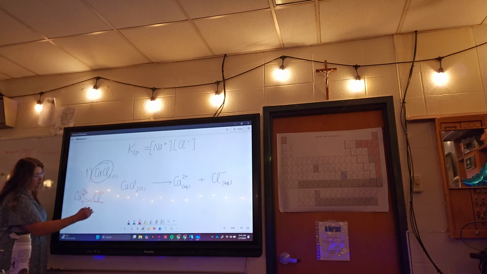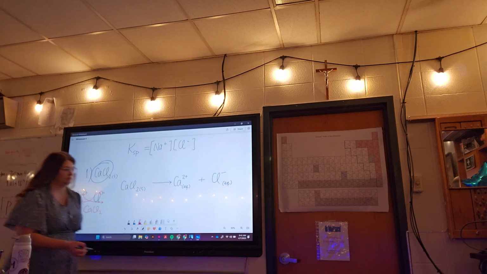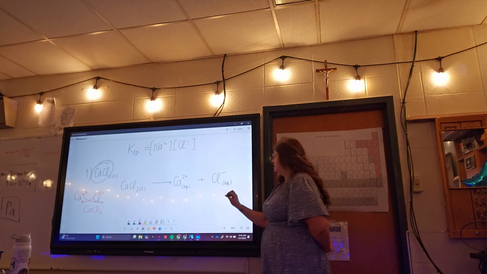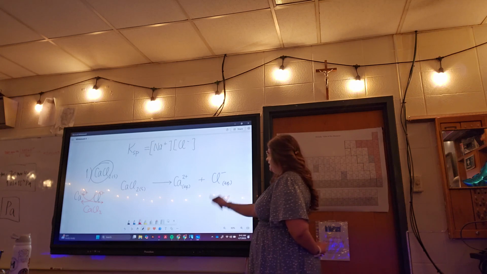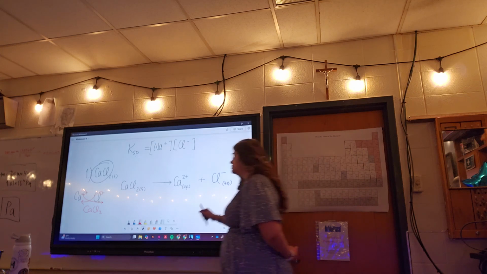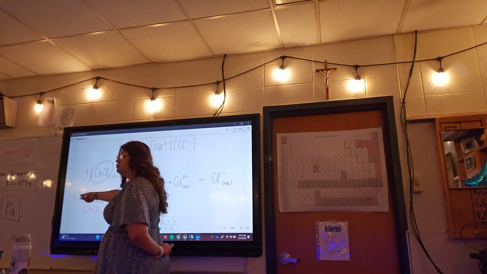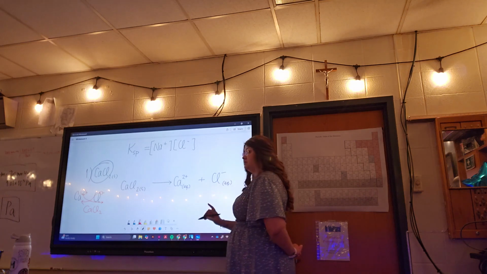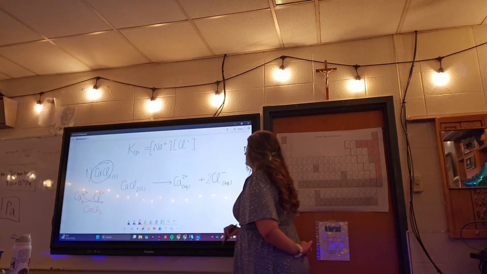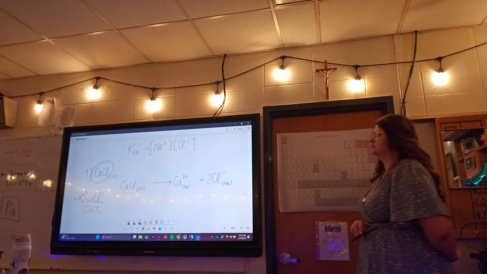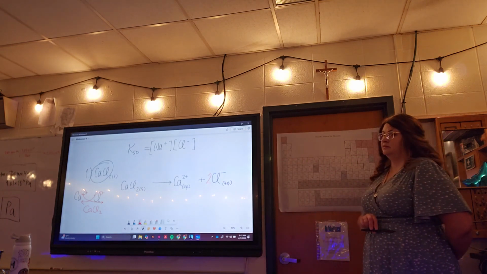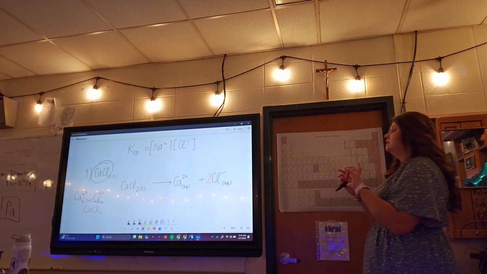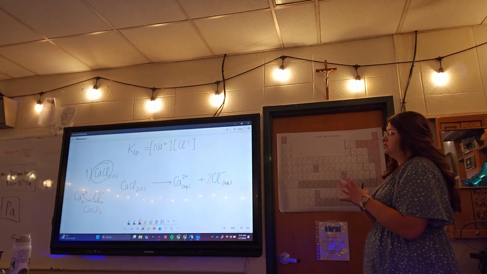And that's how I knew to write down CaCl2. So that 2 is not here because this is its chemical identity. It's just showing you that there needs to be 2 chlorines to balance out the 2 positive of the calcium. So that 2 has to go someplace though. So we put it in front to show that there were 2 Cl minus ions that participated in making this compound.